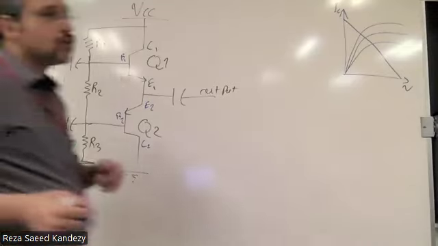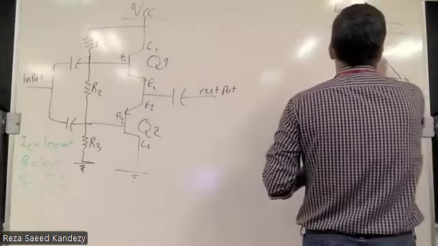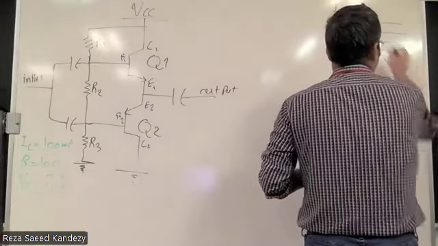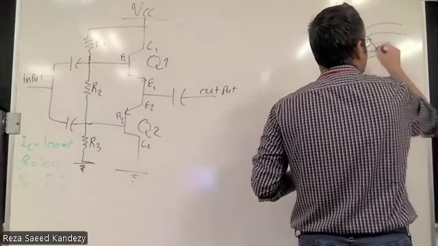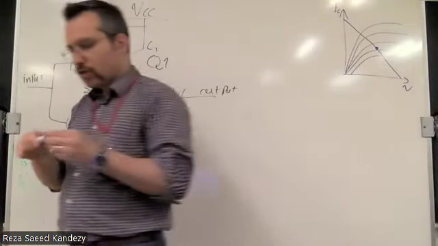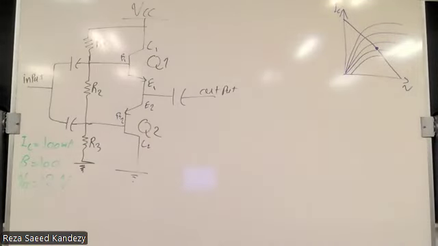Now, in order to have a strong biasing point, we want to be in the middle of this line. So if we have positive or negative variation, we make sure we are in the best spot to avoid exiting the active region. Are we good? Is that clear? Why are we using that?